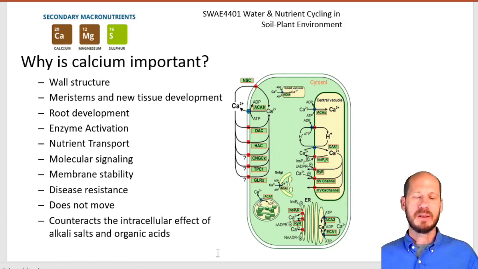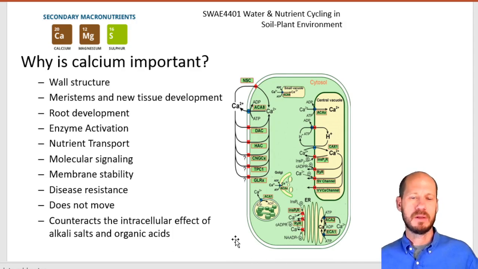Calcium is the counter ion that forms the precipitated forms of organic acids in intracellular environments. For example, if the plant produces phytic acid, the storage form will usually be calcium phytate.